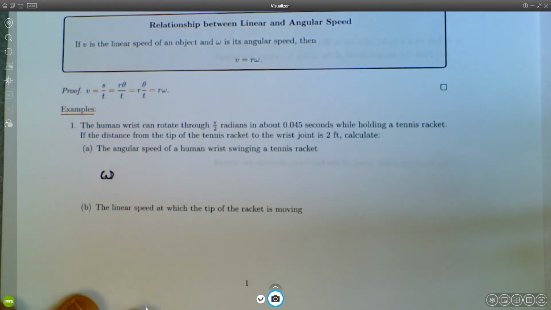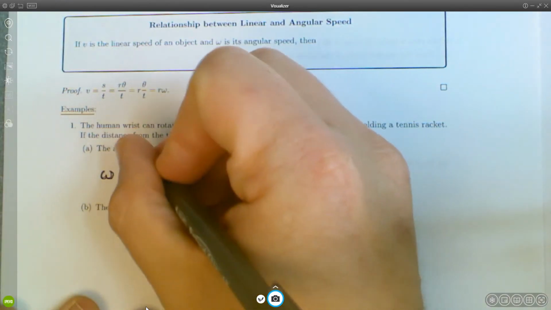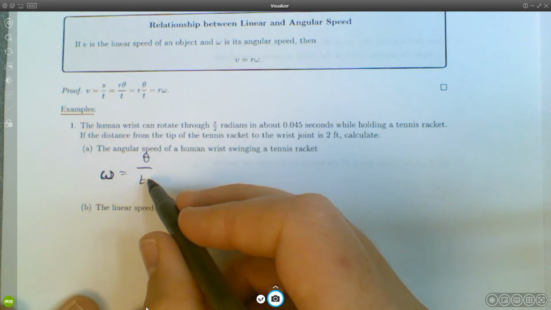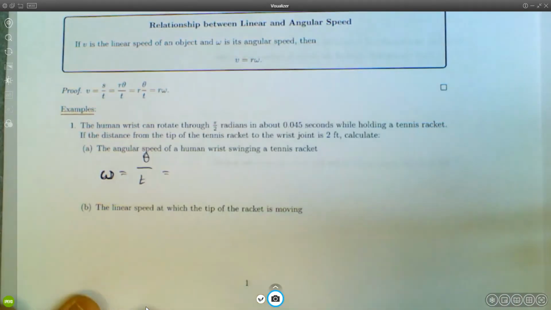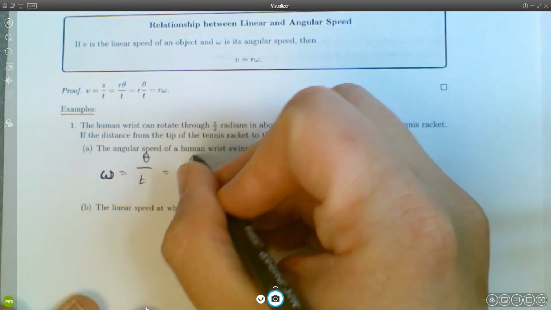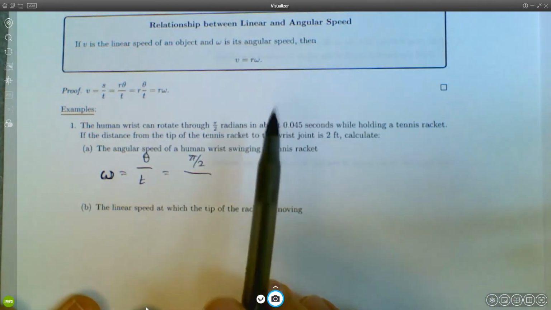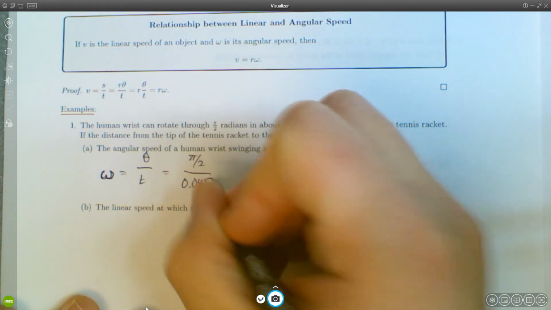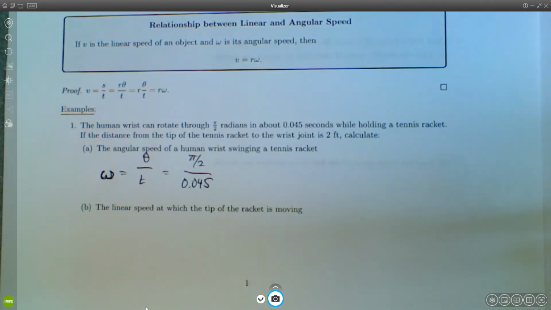is theta over t. So it's the angle through which the object is traveling divided by the amount of time it takes to do so. This one says that the human wrist can rotate through pi over 2 radians in 0.045 seconds. So let's see about how much that is. We'll round to, I guess, 3 sig figs.